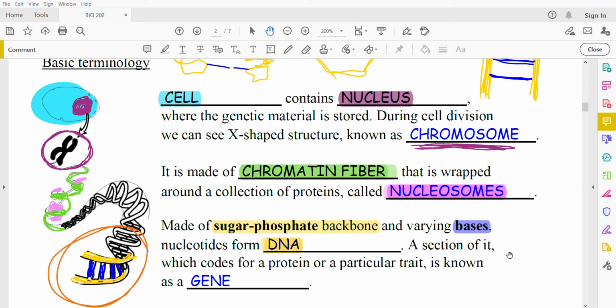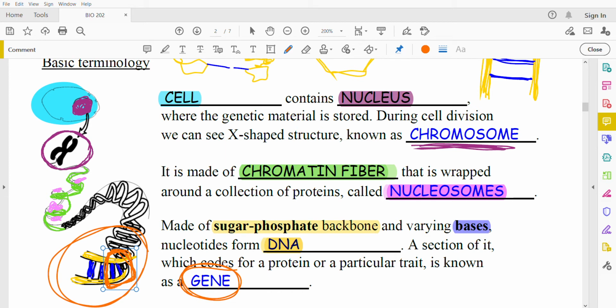And one more thing that I want to highlight is that the section of a DNA that codes for a particular trait, so just a part of a DNA, which codes either for a specific protein or a specific trait, is known as a gene.